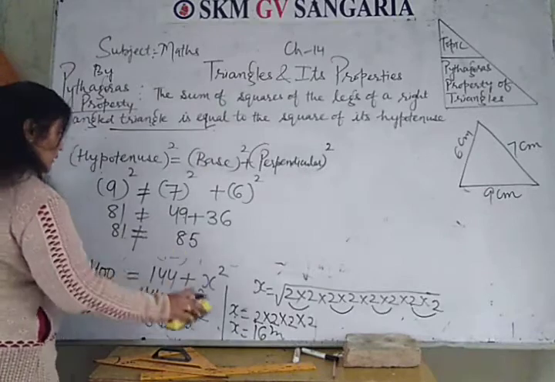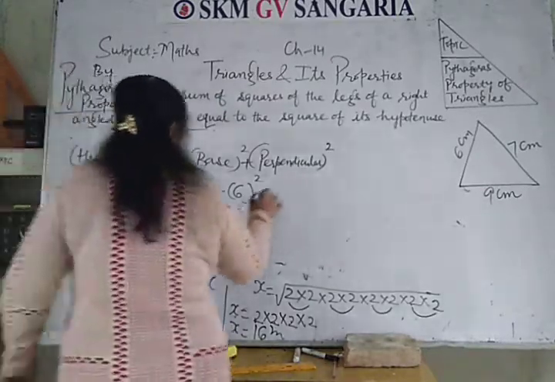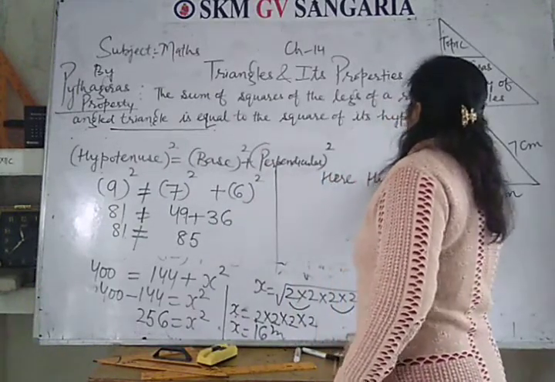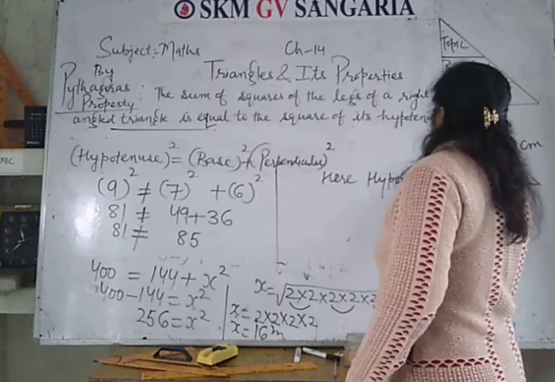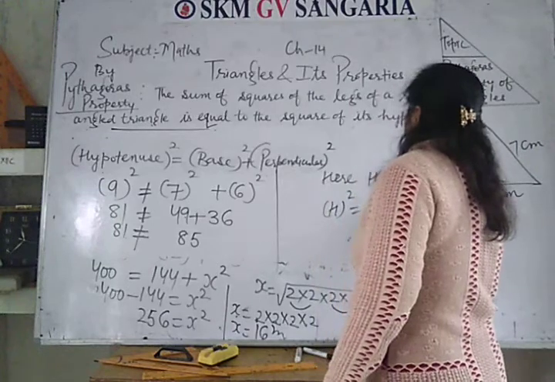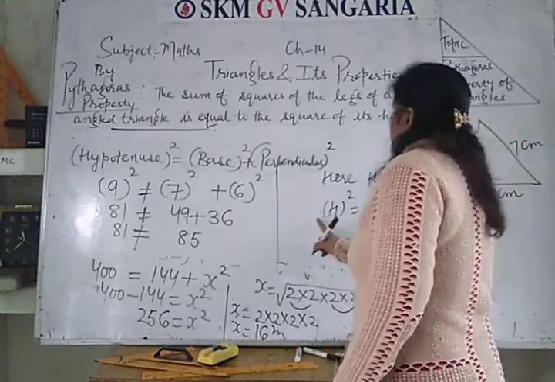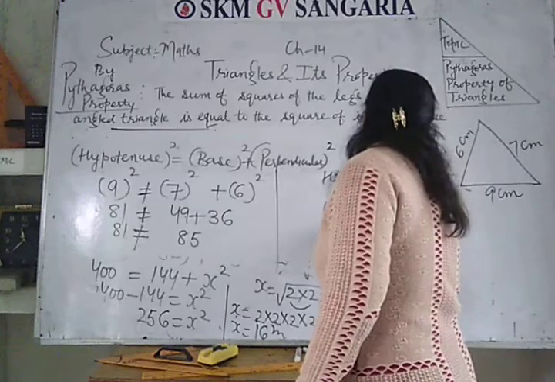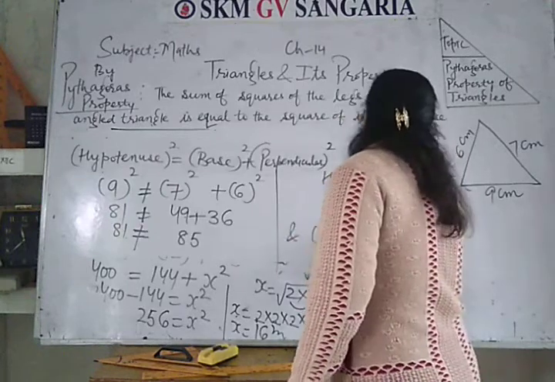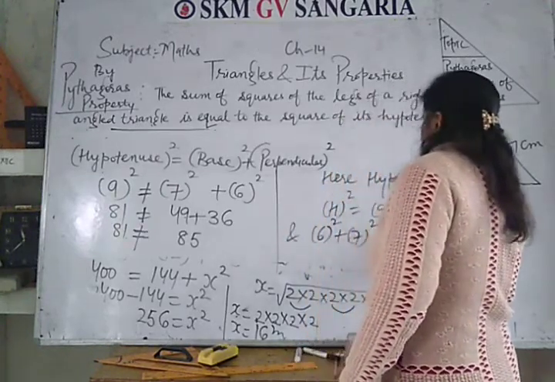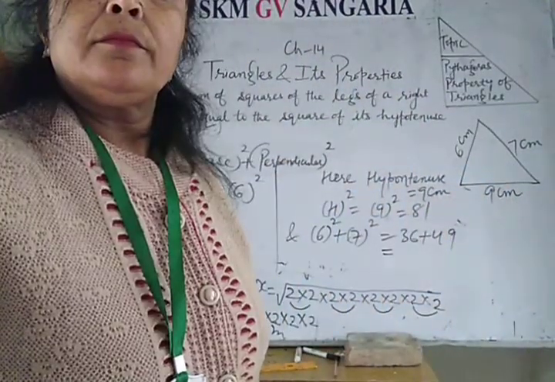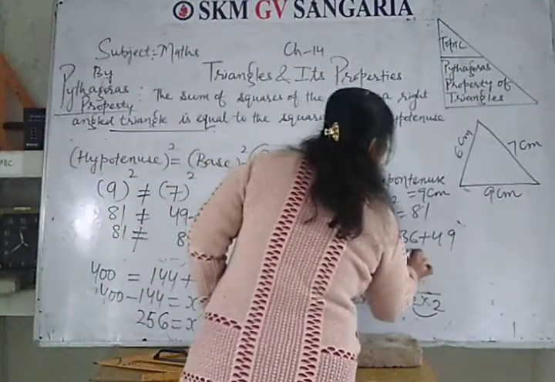Or you can write it separately. Here hypotenuse is equal to 9 centimeter. So hypotenuse square is 81, and the other legs' squares, 6 square plus 7 square, is equal to 36 plus 49, which is 85.